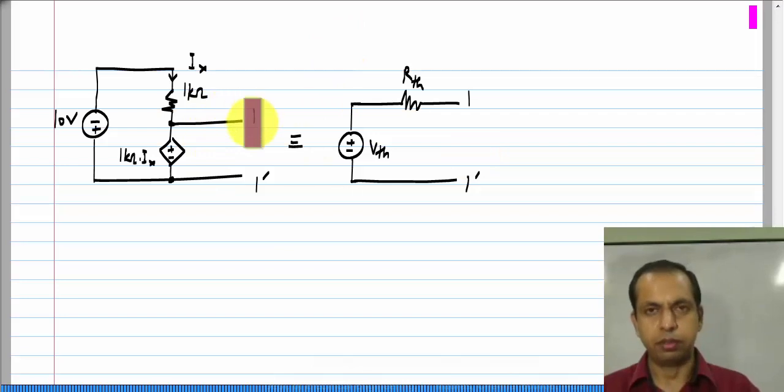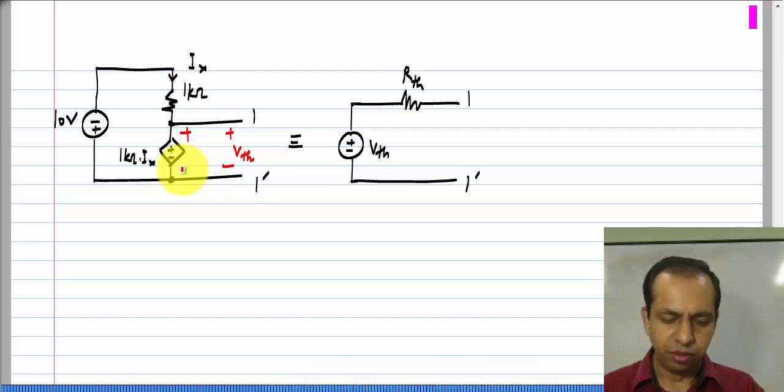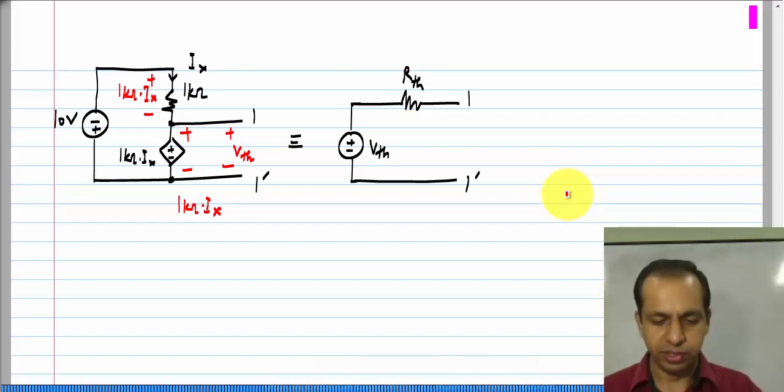Now, to find the voltage V t h, all I have to do is not connect anything to 1 and 1 prime and find the voltage between these. Okay. So, I have to find the voltage over there, and I know that the drop here is 1 kilo ohm times I x, and the drop here is also 1 kilo ohm times I x, because I x is flowing through the 1 kilo ohm resistor.